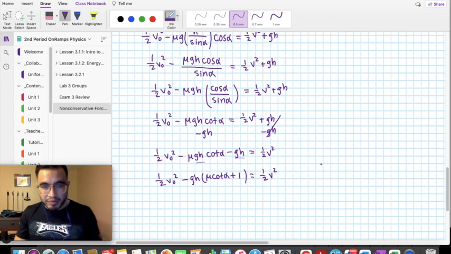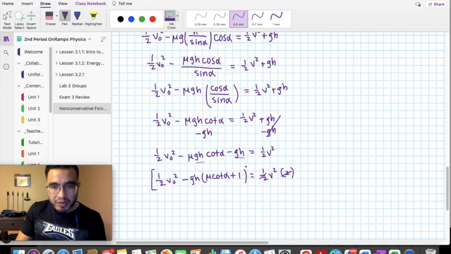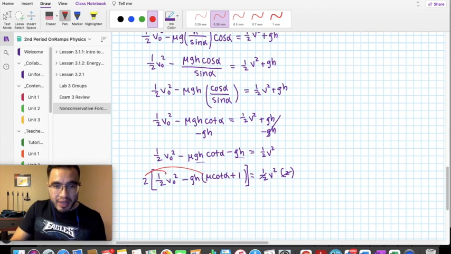So now we can get rid of this 1/2. This is where it gets tricky, right? Because you can see this 2 will cancel this 1/2, and we have to multiply the entire thing times 2. Which means we have to distribute the 2 here and here. And yes, this 2 will cancel these 2.